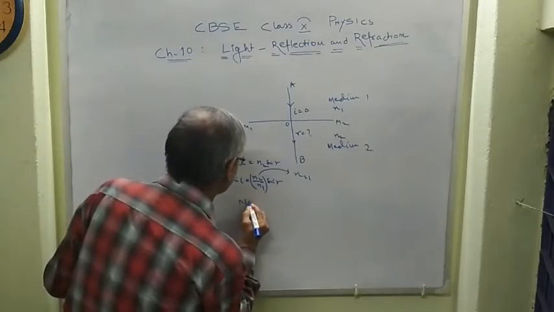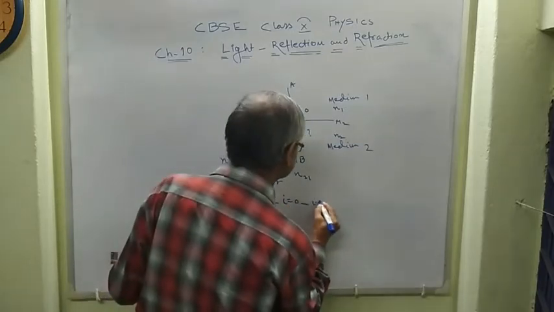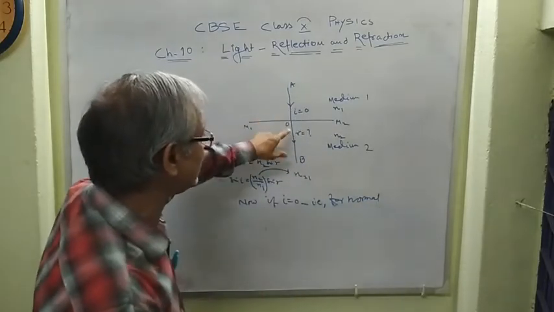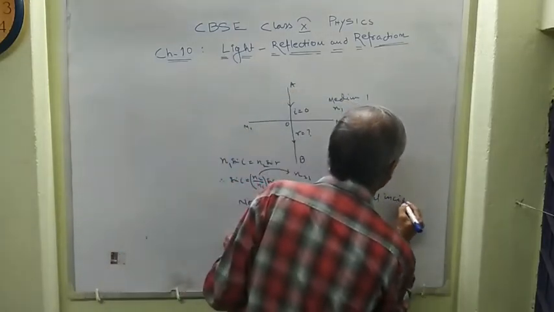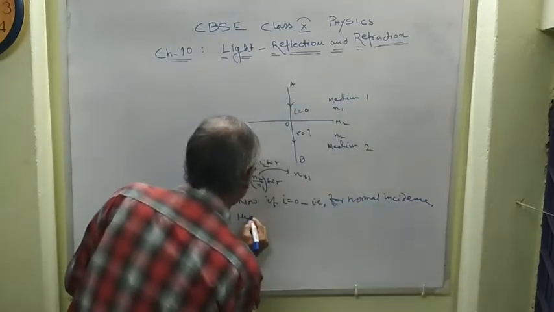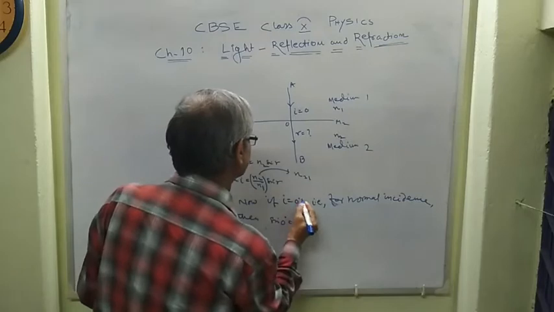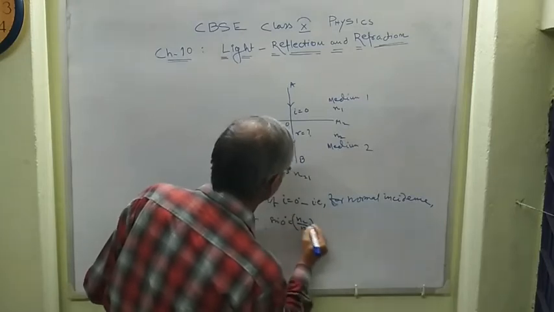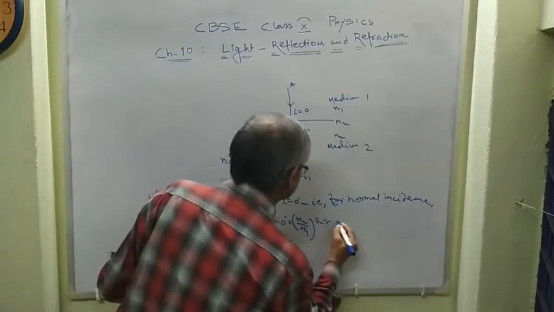Now, if I equal to 0, that is for normal incidence, that is, the angle between the incident ray and the normal at the point O is 0, then sine I, that is sine 0 degree, equal to n21 or n2 by n1 sin r, that is, this makes 0.